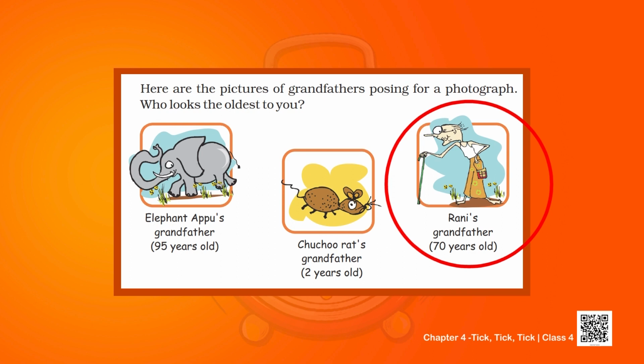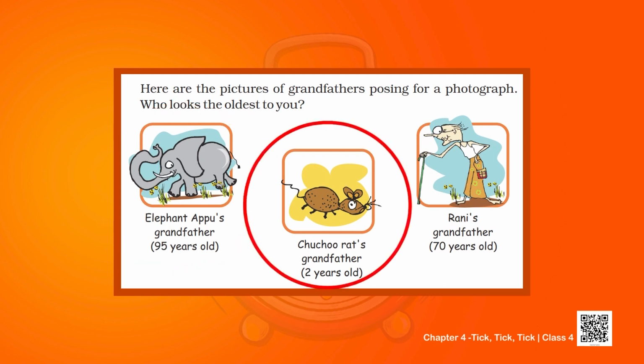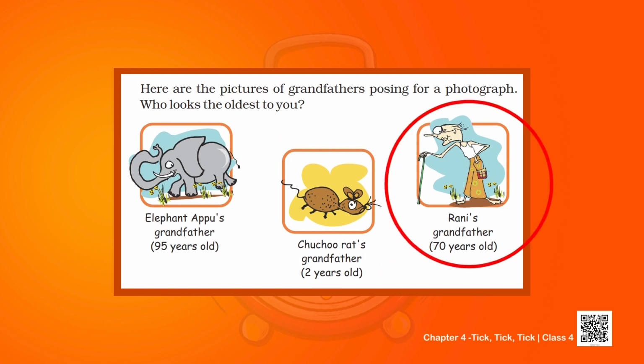Of course, Rani's grandpa. But look at their age. Yes, Elephant Appu's grandpa is 95 years old. Chuchu rat's grandpa is 2 years old. And Rani's grandpa is 70 years old.